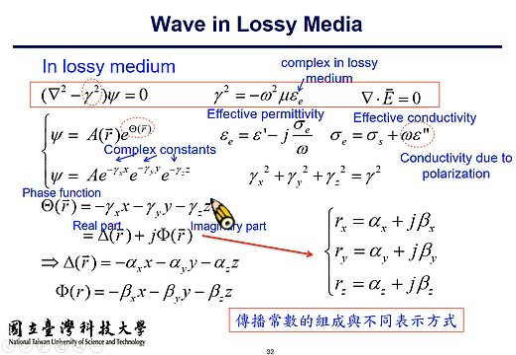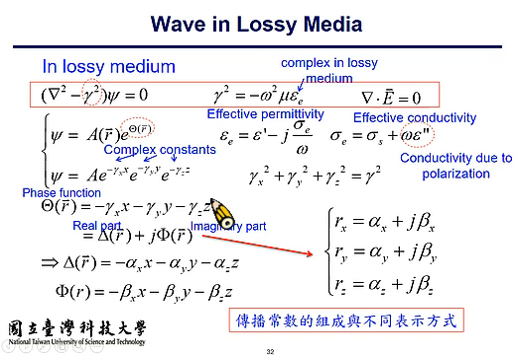Then, of course, here we are talking about propagation in lossy medium. So the omega to the square times mu times epsilon term must have the imaginary part. Usually, the most likely case is epsilon E, the effective permittivity. Effective permittivity is a complex number.